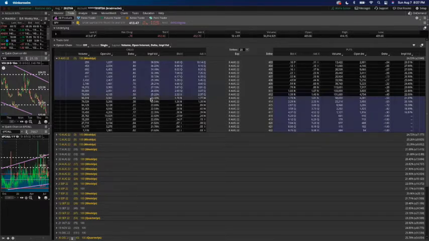So for every percent this goes up or down, you're going to either make money or lose money. Just like how the stock price moves, every percent this goes up and down, you're going to make or lose money. There are two different things called gamma and vega, and those two things determine this.